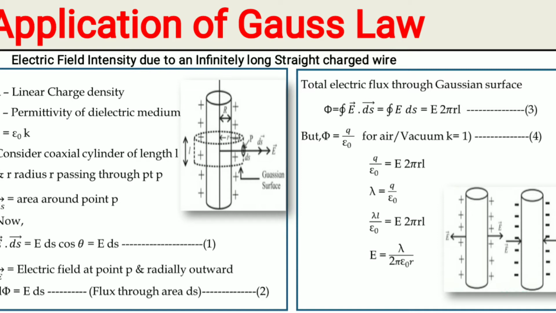Okay, for that we are going to consider lambda, which is linear charge density, or you can say charge per unit length. If you consider Q as charge and L as the length, then Q divided by L is lambda, that is linear charge density.